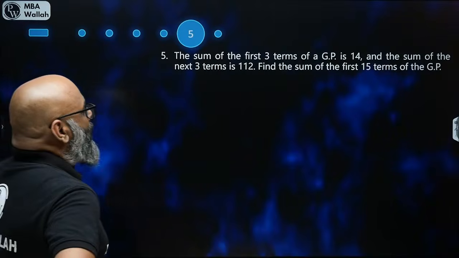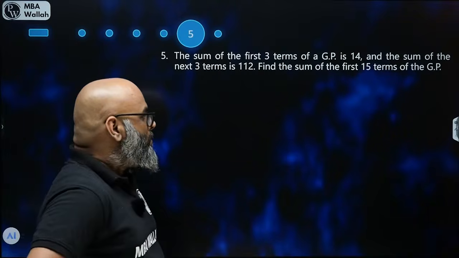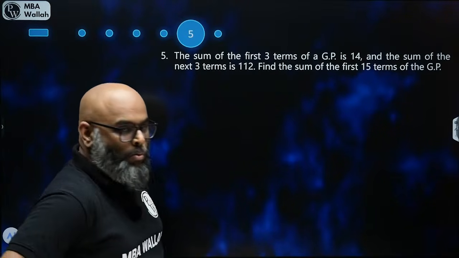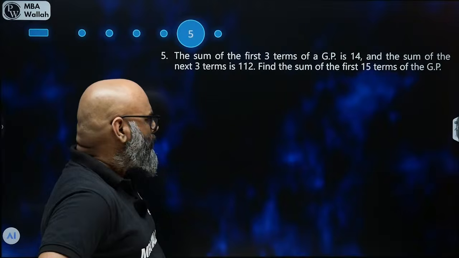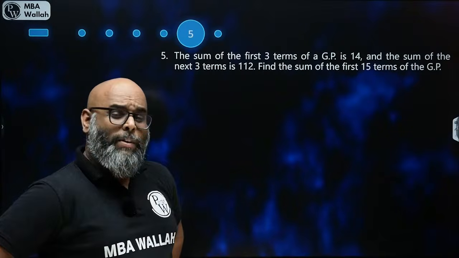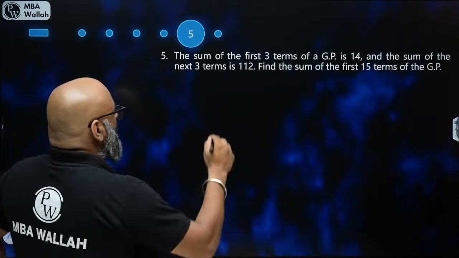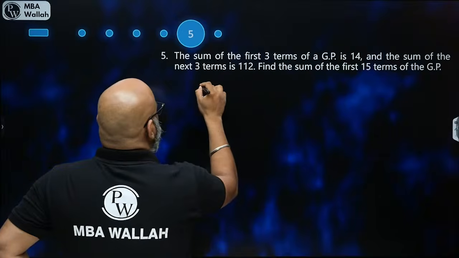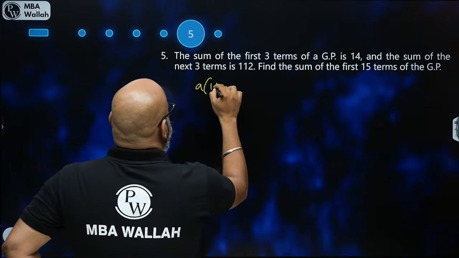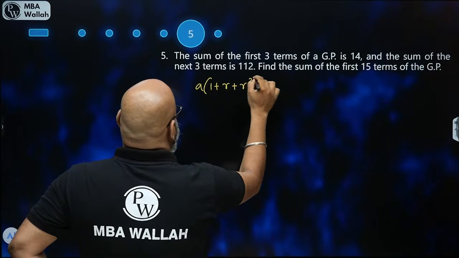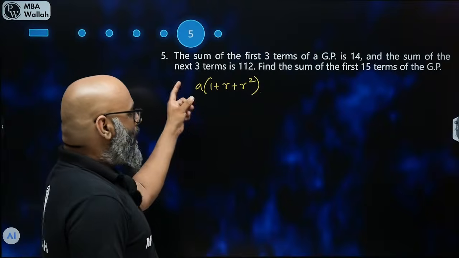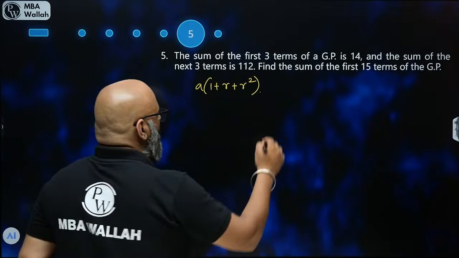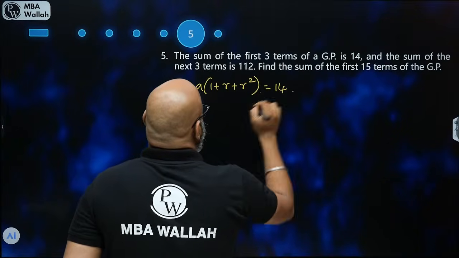The sum of the first three terms of a GP is 14 and the sum of the next three terms is 112. Find the sum of the first 15 terms of the GP. So the sum of the first three terms I can write as A into 1 plus R plus R square, that is equal to 14.